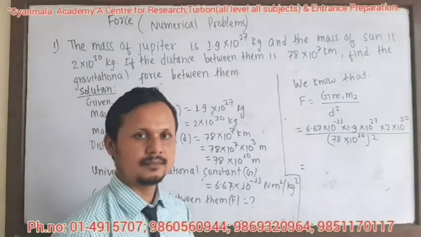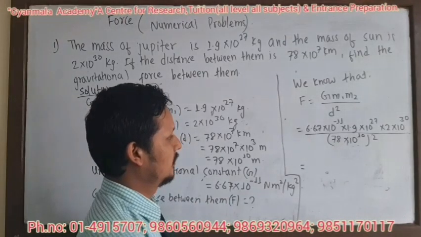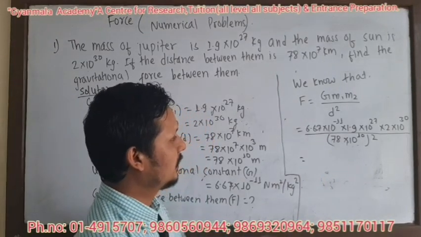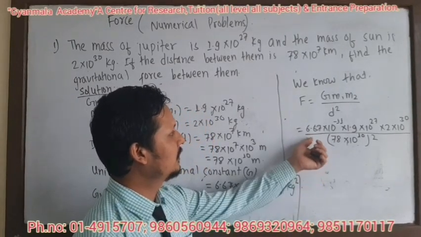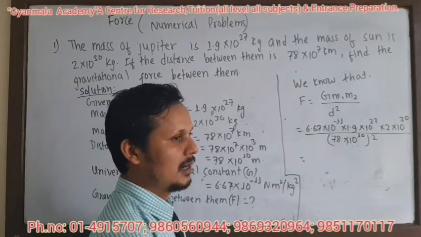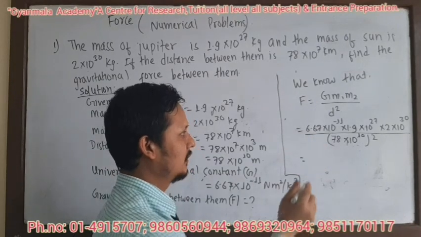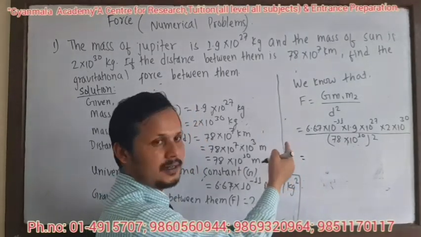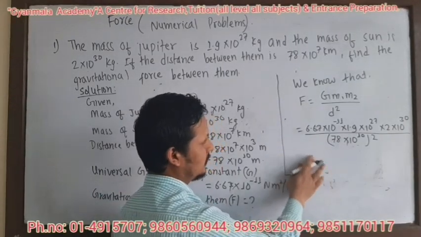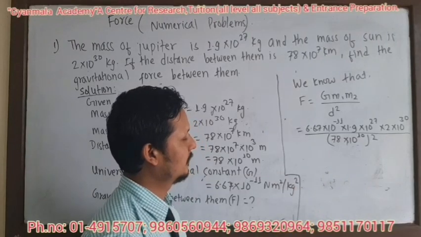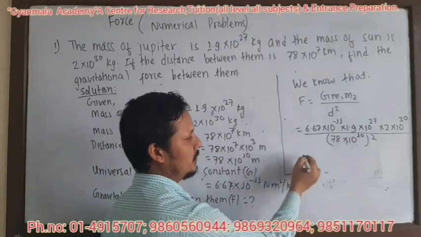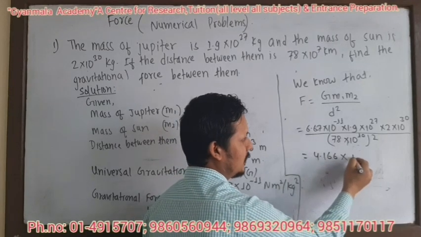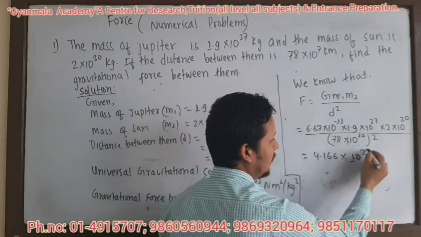You can directly calculate these values using a calculator. Just put the bracket. On solving this, you will get the answer 4.166 into 10 to the power 23 Newton.